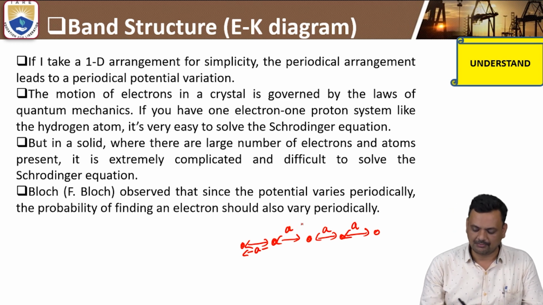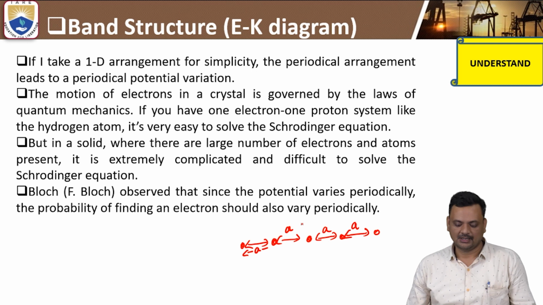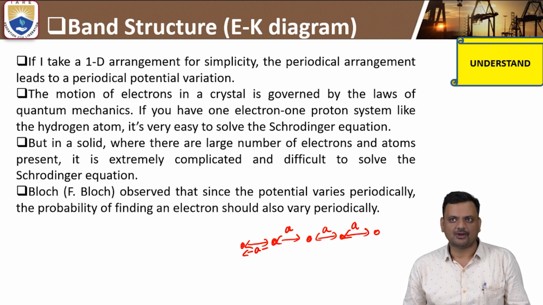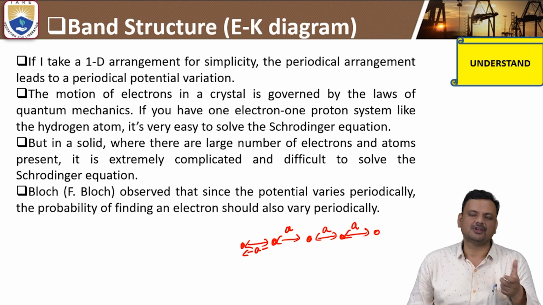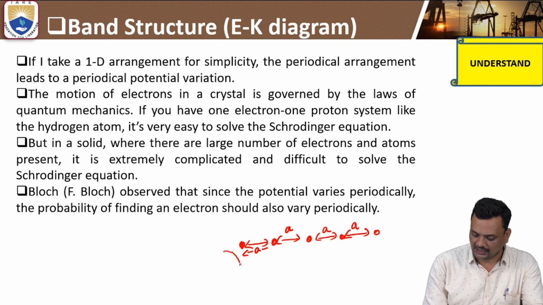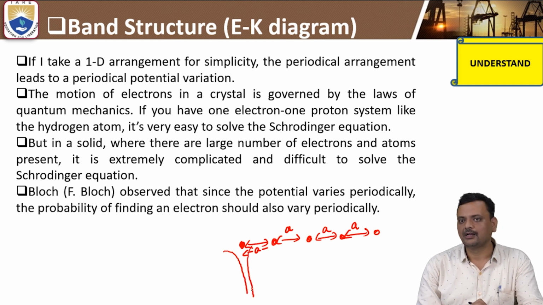Why? That's why the periodicity will be maintained. So now I am considering the 1D arrangement for simplicity. The periodic arrangement leads to a periodic potential variation. This atom also has some charge. Nearby any atom, the potential variation is like that.